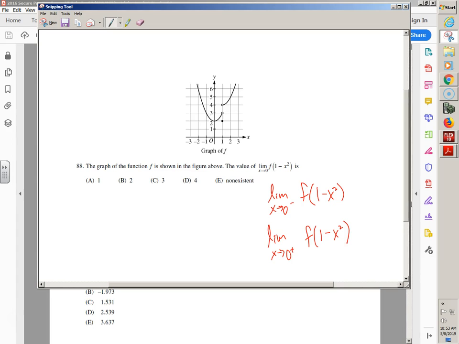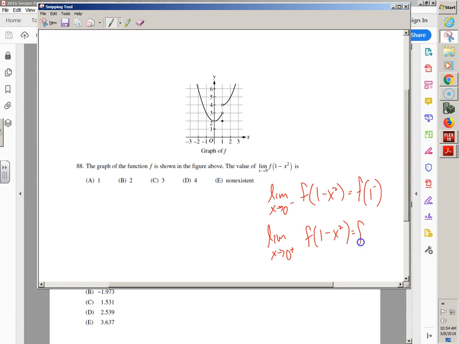When we plug into here from below, wouldn't we be thinking about, okay, 0 from below, if we're thinking about domain, a value a little bit less than 0. 1 minus a value a little bit less than 0, like, I don't know, negative 0.1. If I'm doing 1 minus negative 0.1 squared, which would be 1 minus a positive, that's going to be from 1 below. Does it make sense how we could figure that out? Like a little bit less than 1.